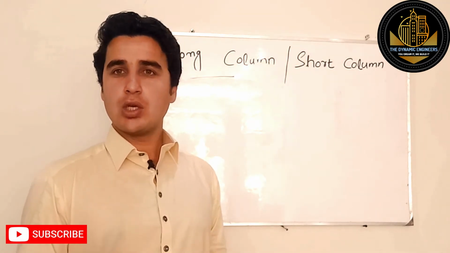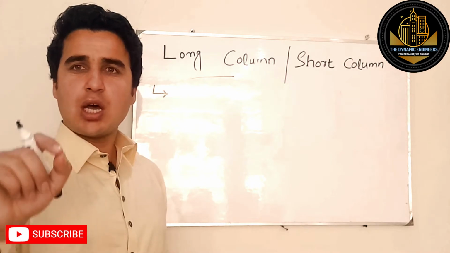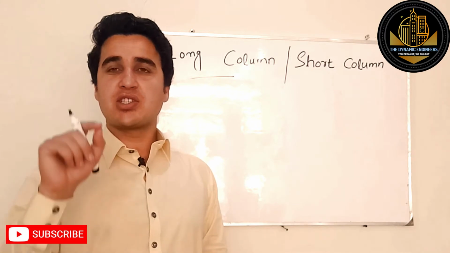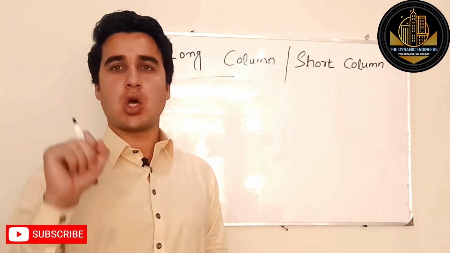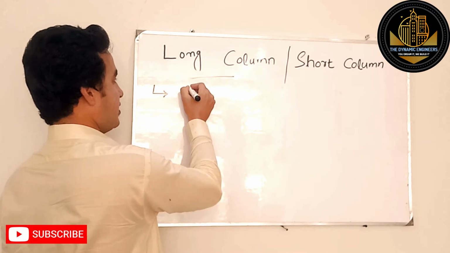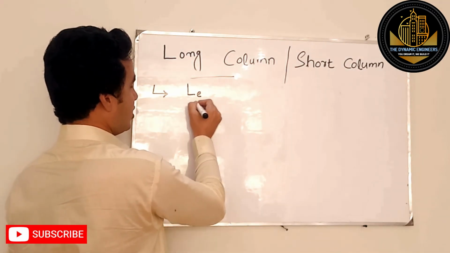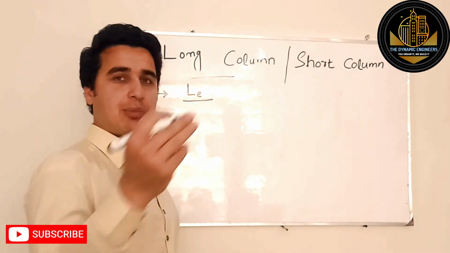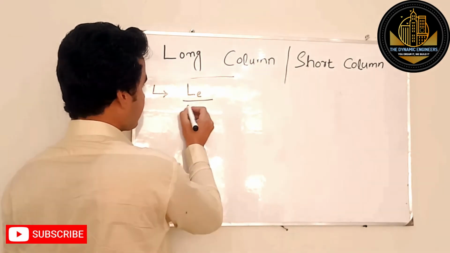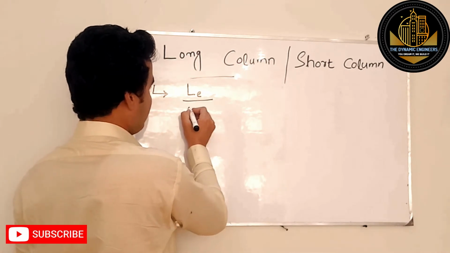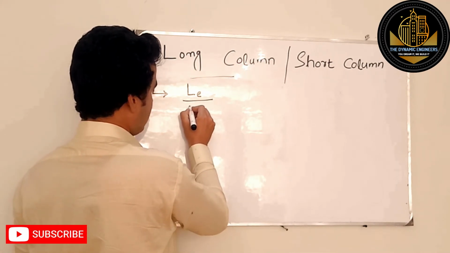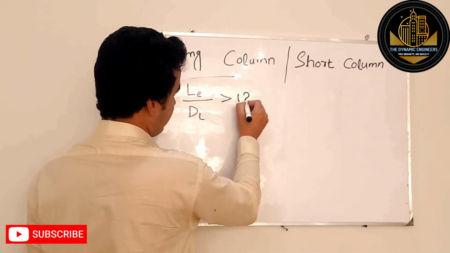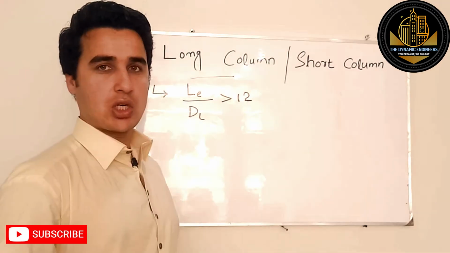Okay, so if the ratio of effective length to its least dimension is greater than 12, it is a long column. Like how? Effective length, I will call it LE, divided by the least dimension of the column, DL, is greater than 12, then it is a long column.